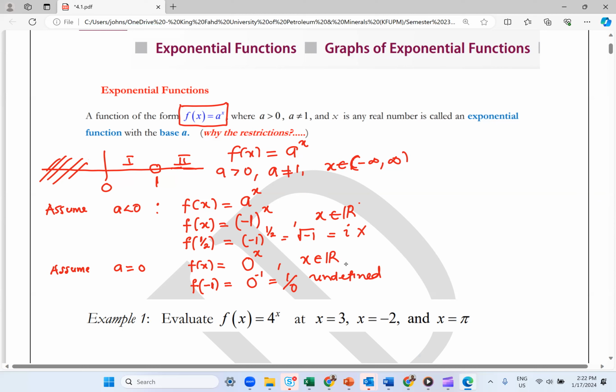That is why we remove 0. a cannot be 0, and a cannot be less than 0.